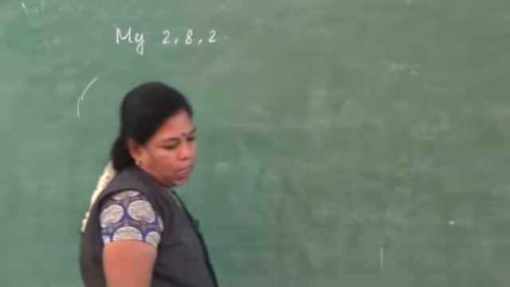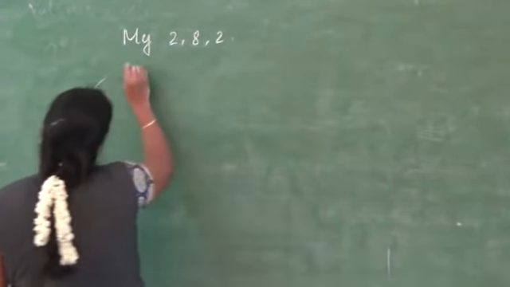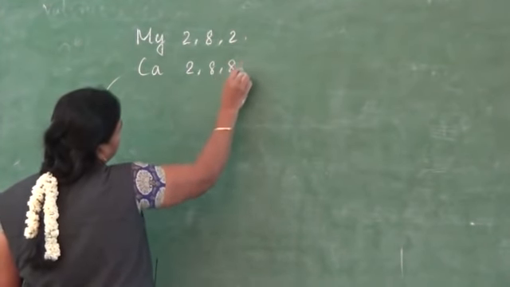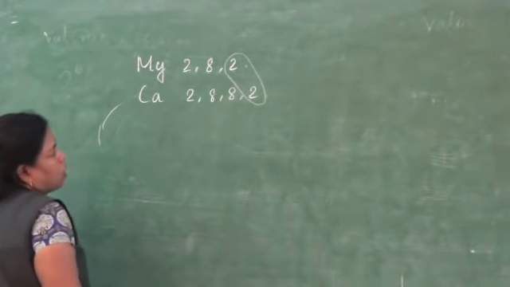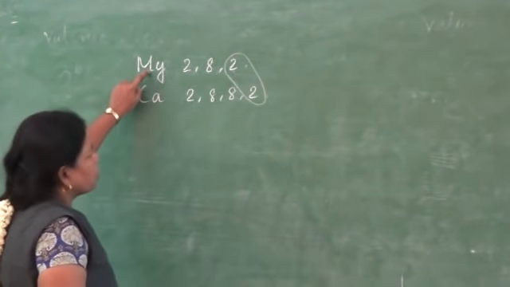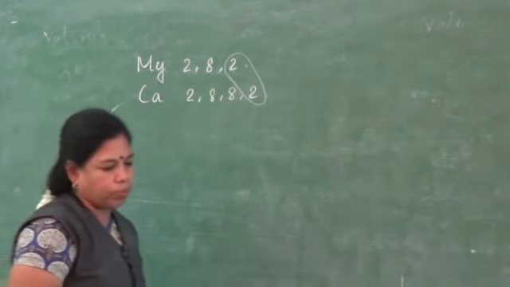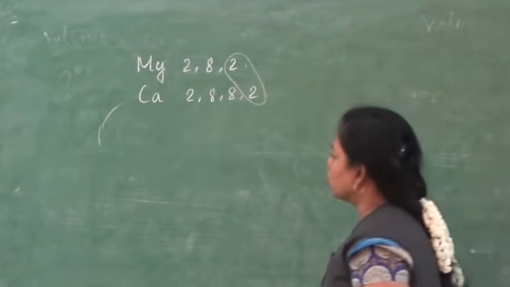And for the case of calcium, the electronic configuration is 2, 8, 8, 2. So both have the same number of electrons in the outermost orbit. So the valence of magnesium is 2 and the valence of calcium is also 2. And then next we are going to see isotopes.